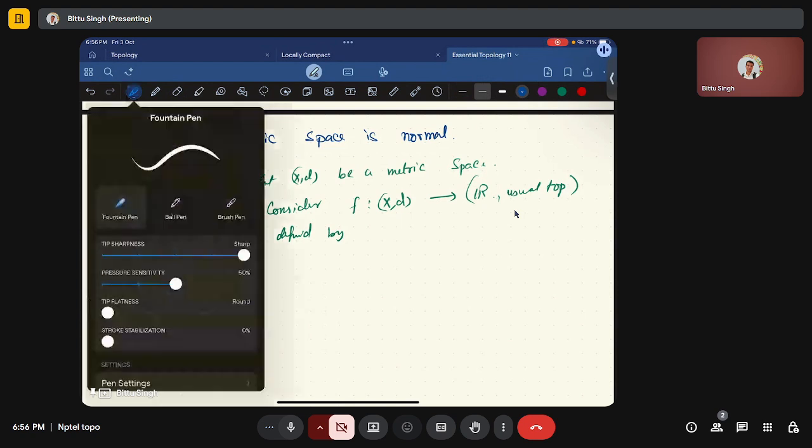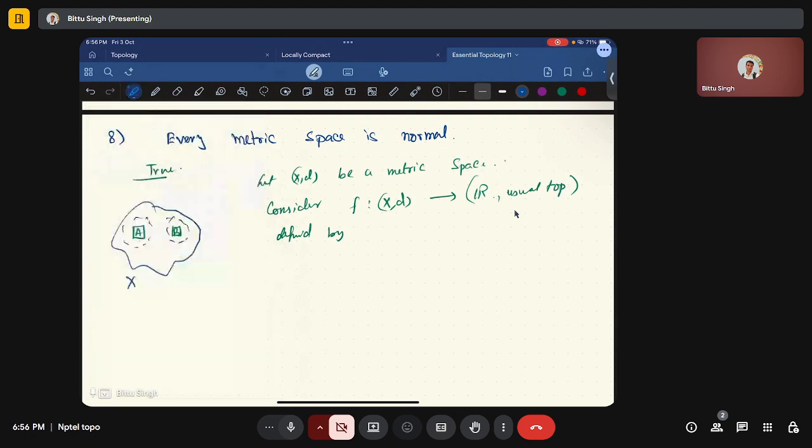We also need to assume A, B are disjoint closed sets of X.